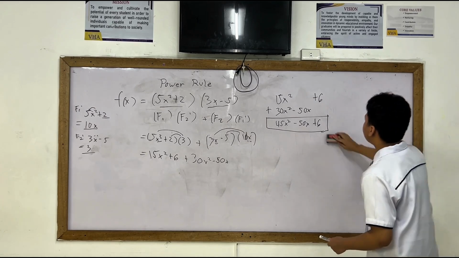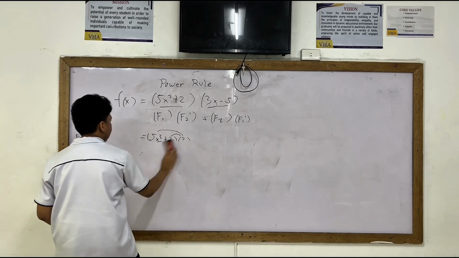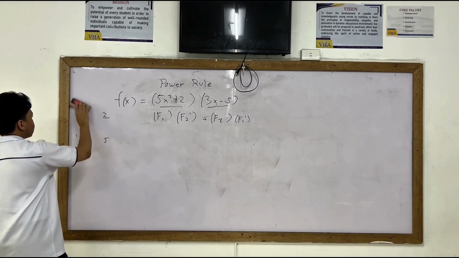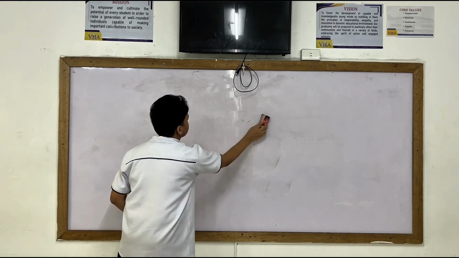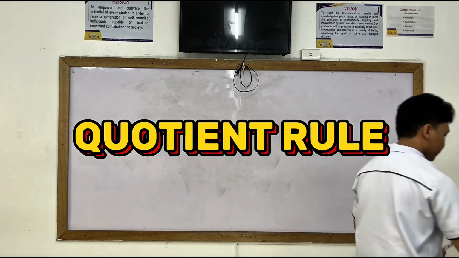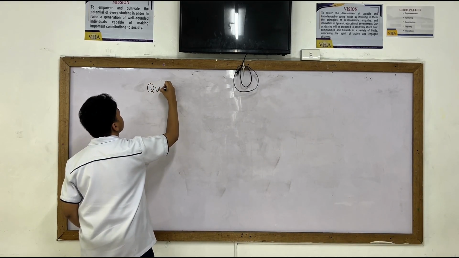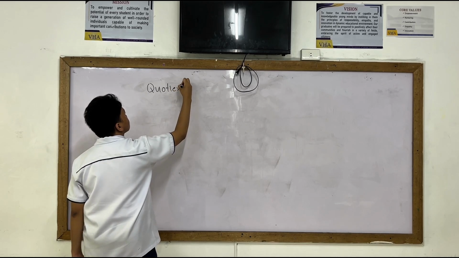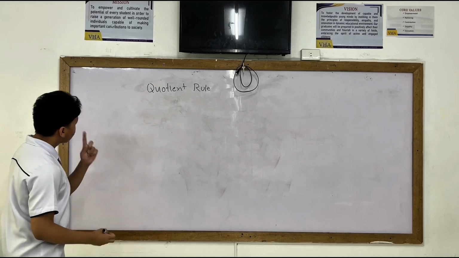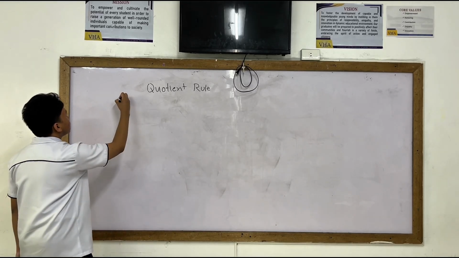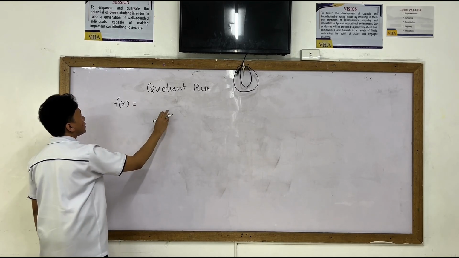Now let's have the quotient rule. When using the quotient rule, we use it on rational functions.